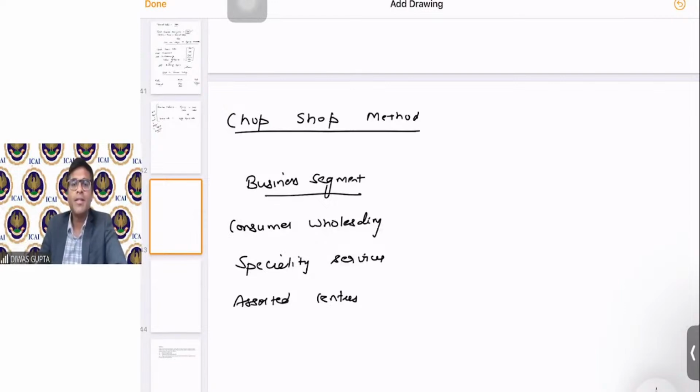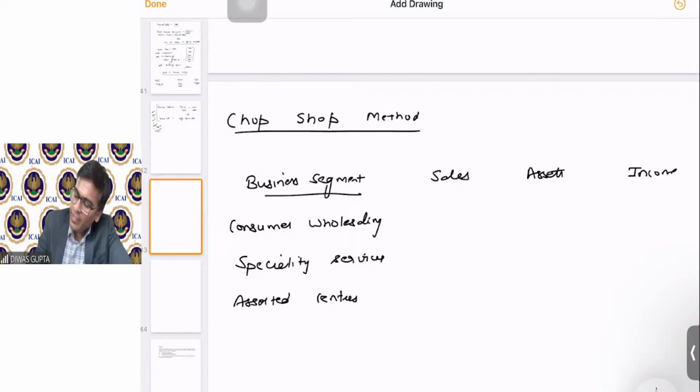You understand segments, right? Segments are specific combinations of some business elements that operate independently of each other. So consumer wholesaling will be operating independent of specialty services, similarly assorted centers. Okay, so the sales, assets, and income.